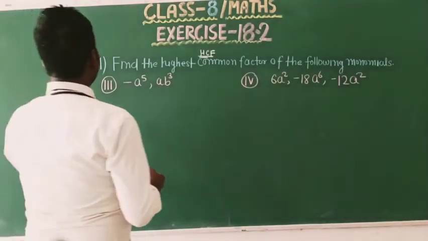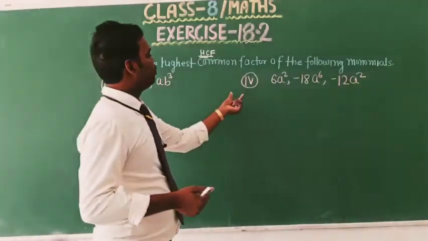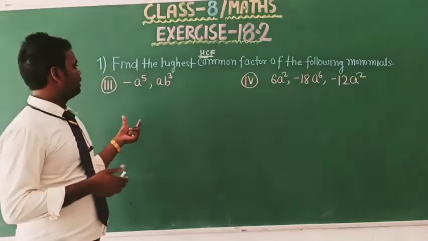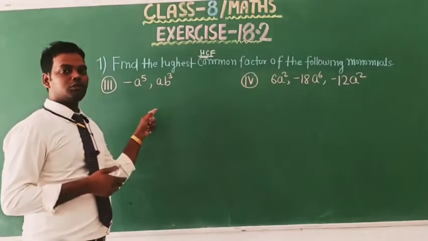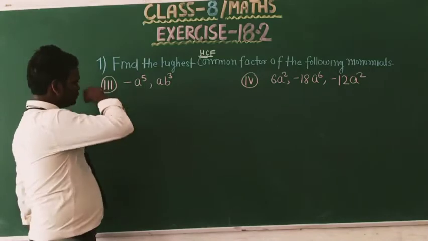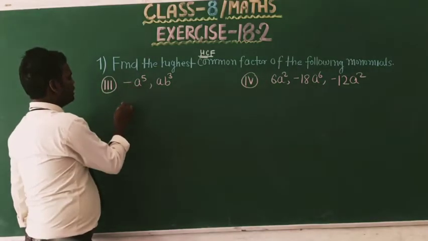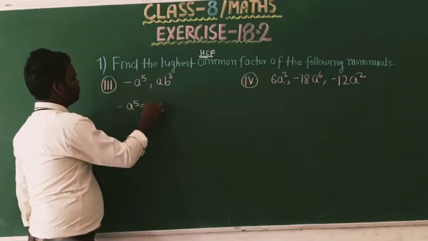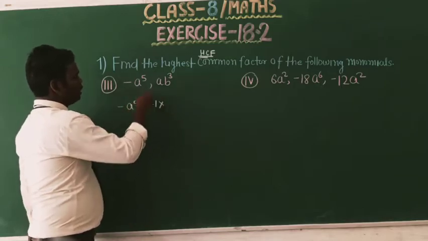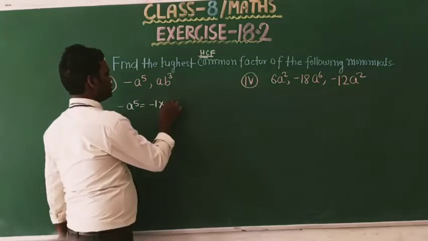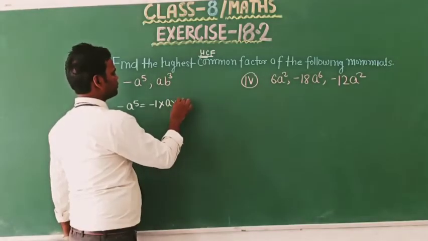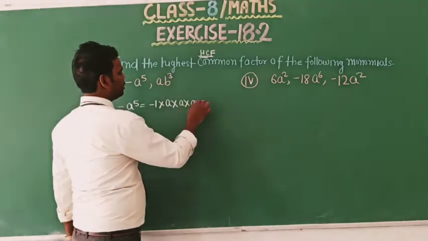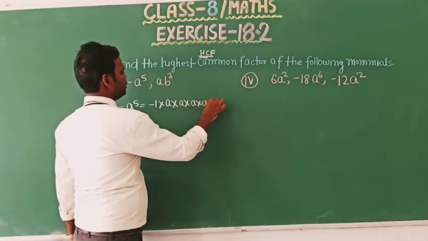This is the third and fourth part of question number 1: find their highest common factor, which is HCF. Minus a to the power 5 can be written as minus 1 into the product of a, 5 times: a into a into a into a into a.